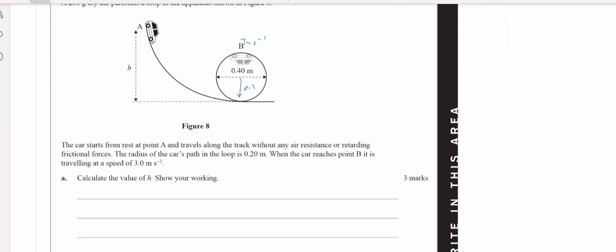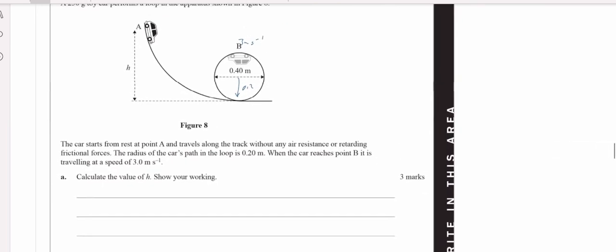You can use energy conservation for this. So at the start, gravitational potential, and then at point B we have gravitational potential and kinetic energy.